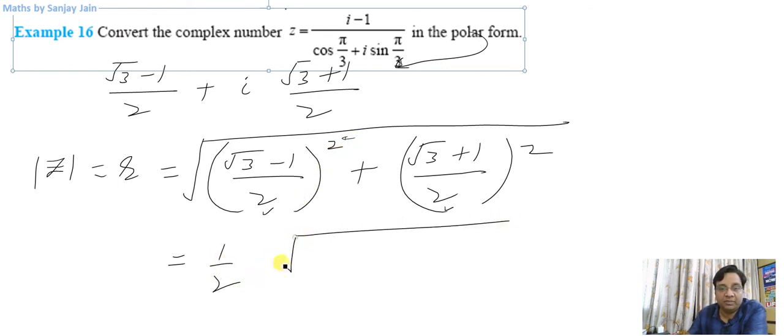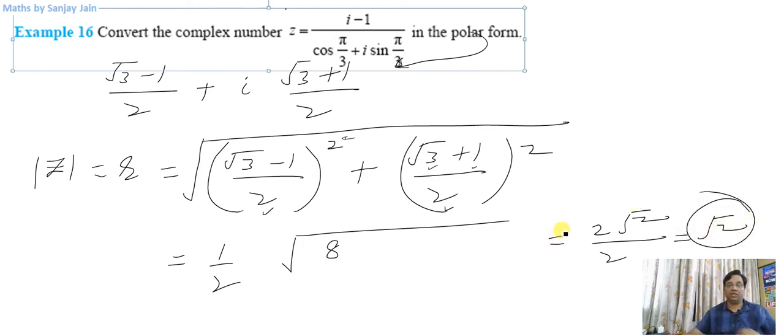Root 3 minus 1 squared will be 3 plus 1 minus 2 root 3, and this will be 3 plus 1 plus 2 root 3, so minus 2 root 3 and plus 2 root 3 will cancel, and I'll have 8 inside, so it will be 2 root 2 by 2, hence it will be equal to root 2. So this is the modulus.